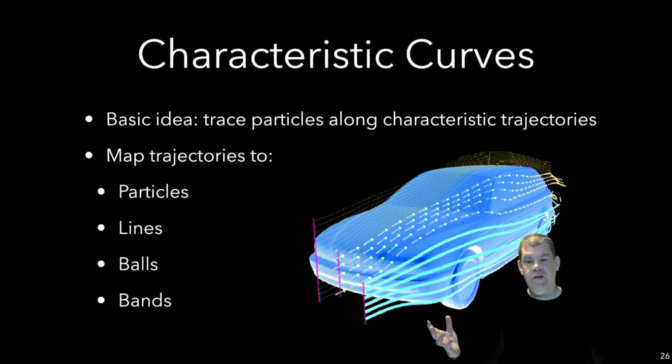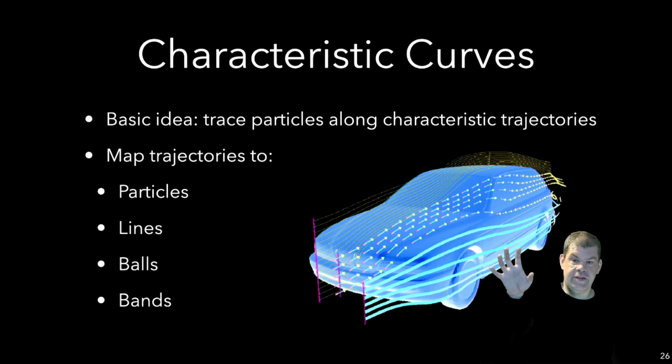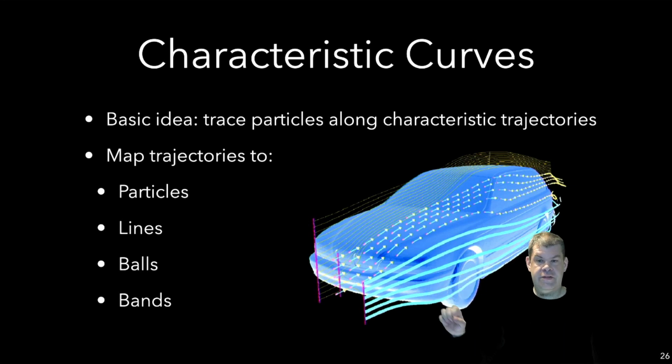There's again a ton of different methods. Here are a few combined: we can visualize the particles as lines. We can visualize them as arrows. So basically take those lines and break them up into arrows, or break them up into balls or bands. A couple of things more on that in a few minutes.